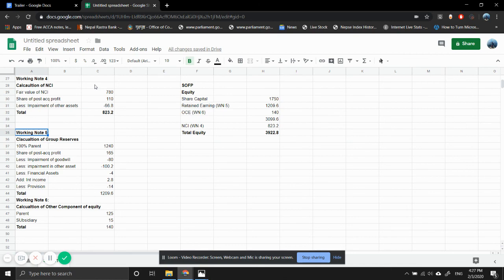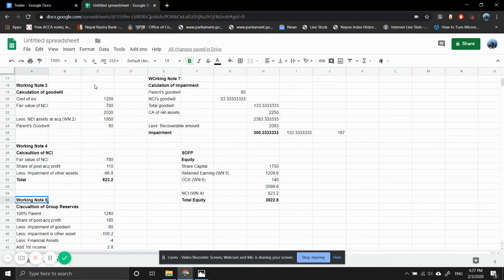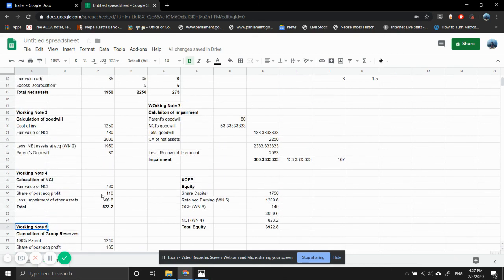So what has happened is that something else has happened, so we need to change this figure. For NCI, since we eliminated that figure, we need to add it up as well, okay?